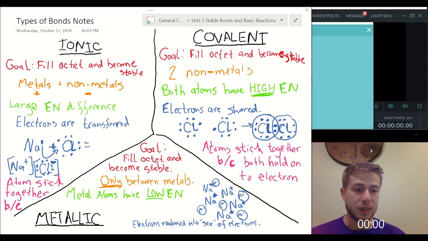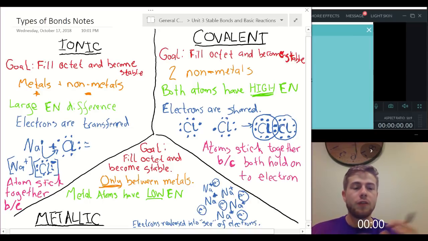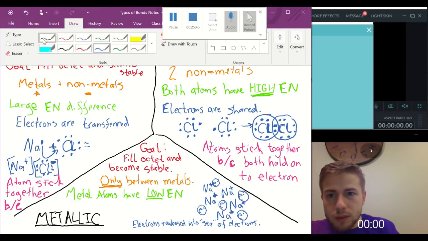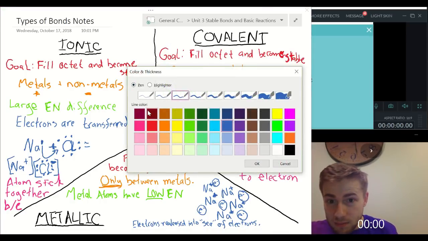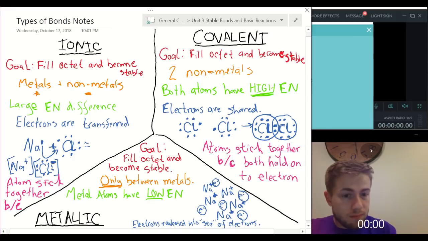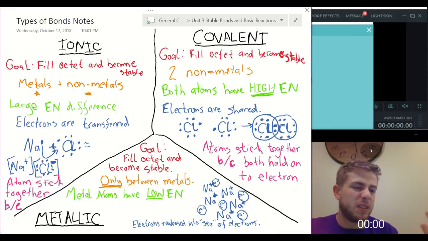And that's one of the reasons why metals are very malleable. It's because the electrons are free to move around, and therefore the sodium ions, or the positive ions, are free to move around as well. So we are going to add one last thing. Pink. There we go. And we're going to say atoms stick together, again, just like ionics, because opposites attract.